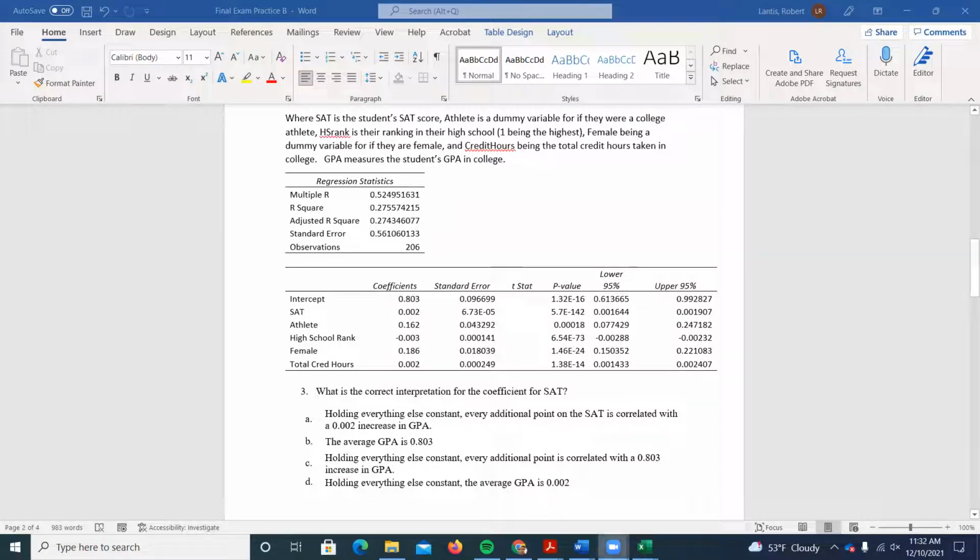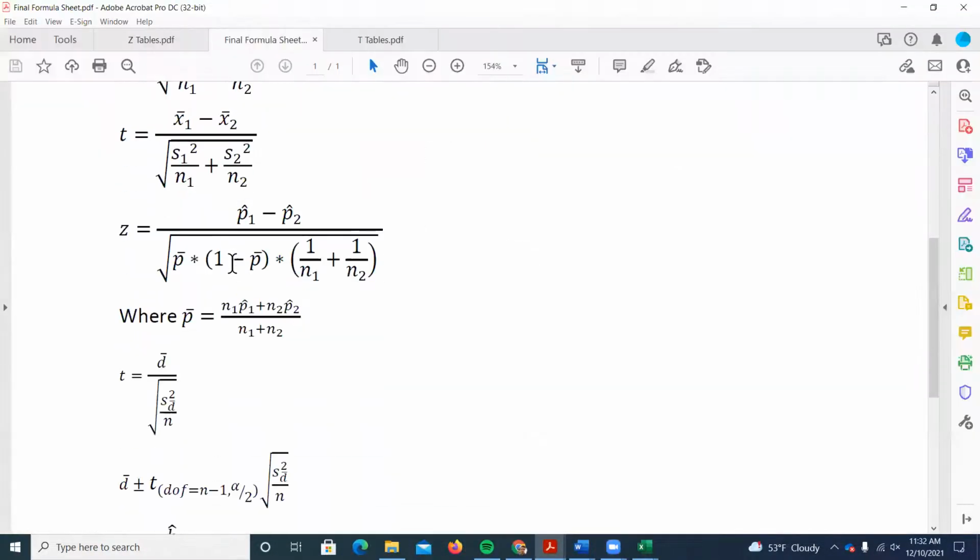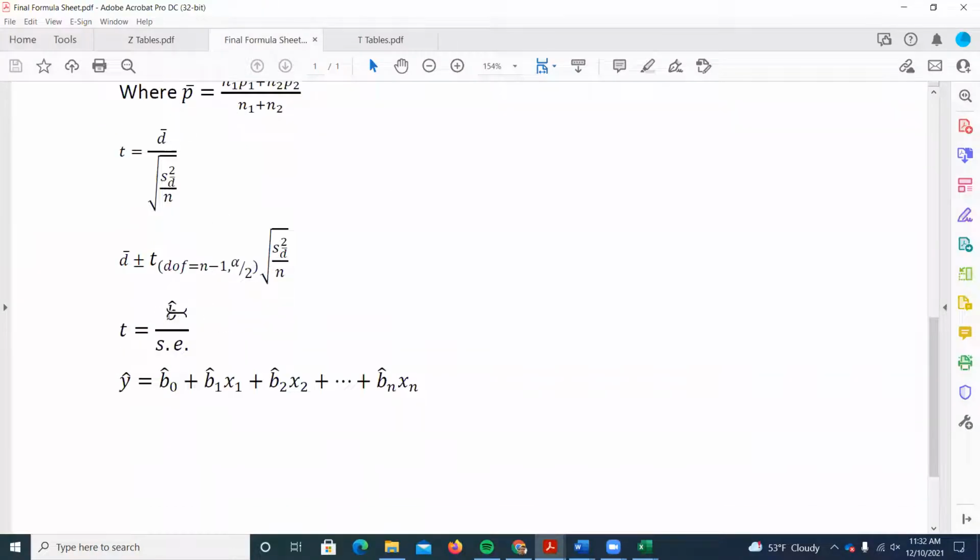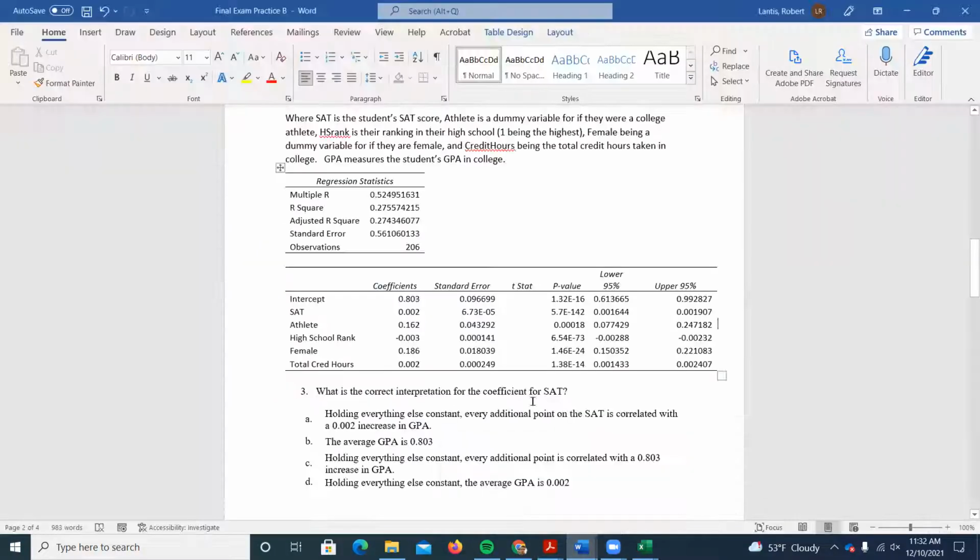all I do to come up with these test statistics is take that coefficient estimate and divide it by the associated standard error. So when I'm looking at this, take that coefficient on athlete, 0.162, divide it by the standard error of 0.043.